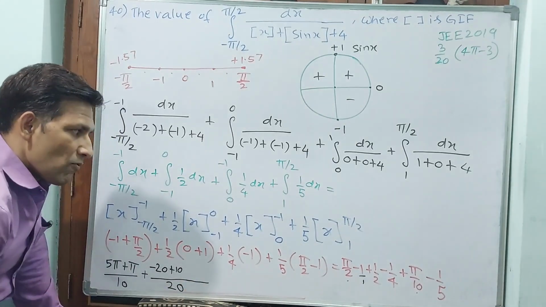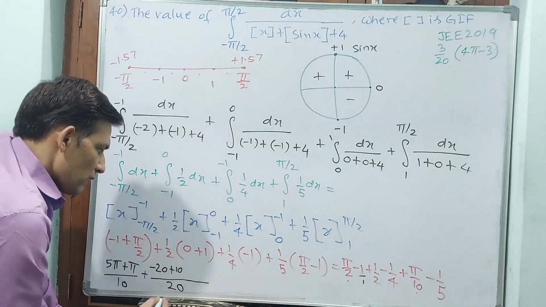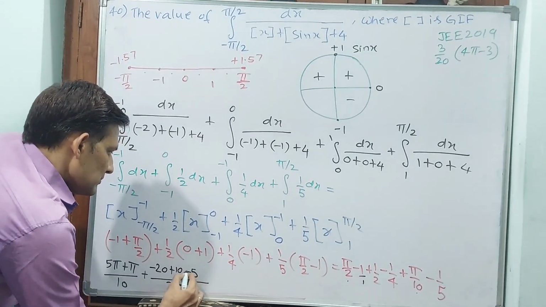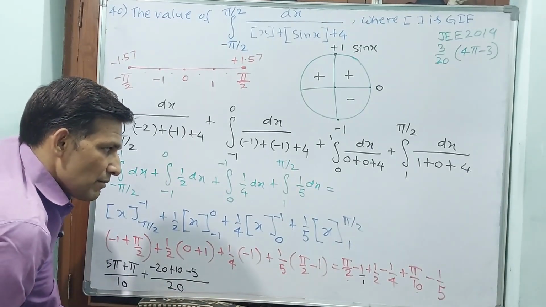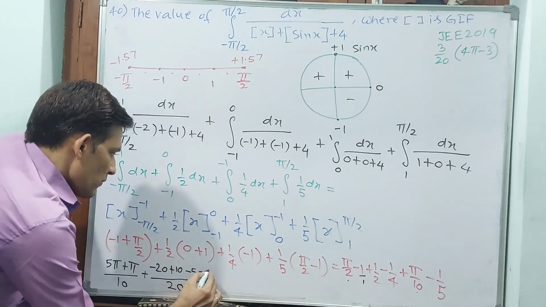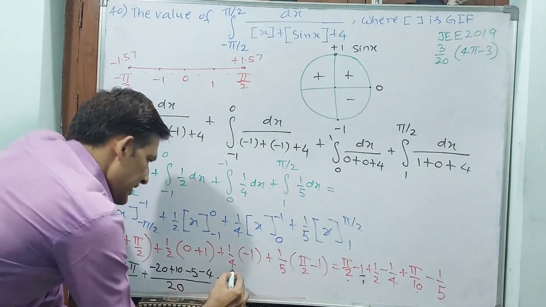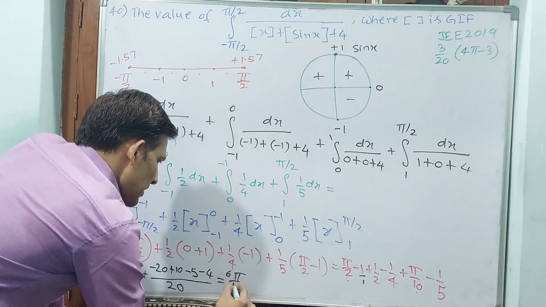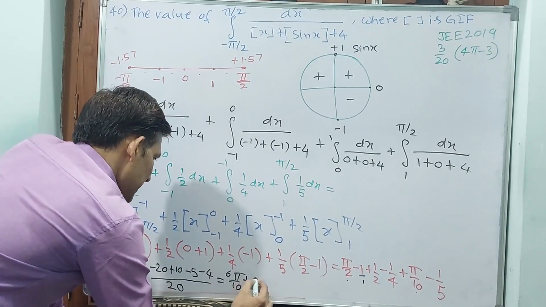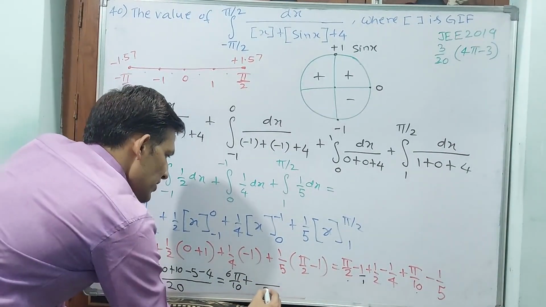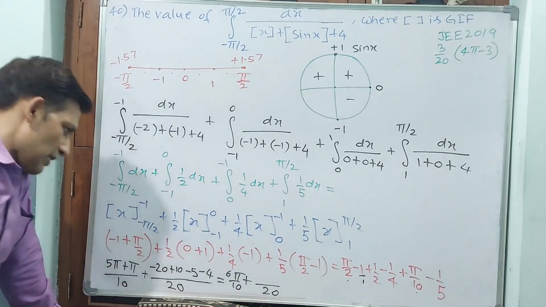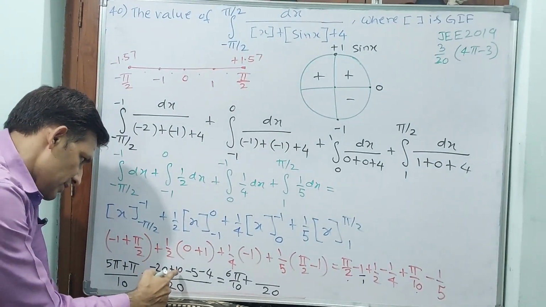Okay, 4 minus means minus 4, 5 minus 5, and minus again 5 means 4. Okay, that is equal to, see, 6 pi by 10, plus 20 you take as LCM. You see positive numbers how much?